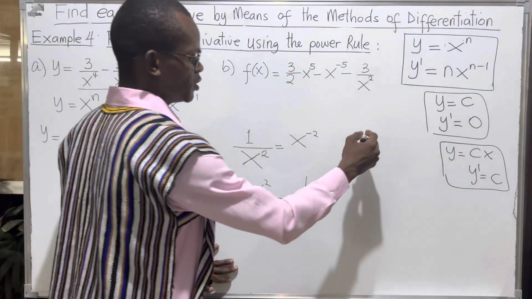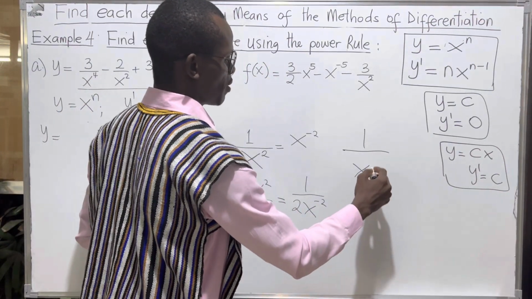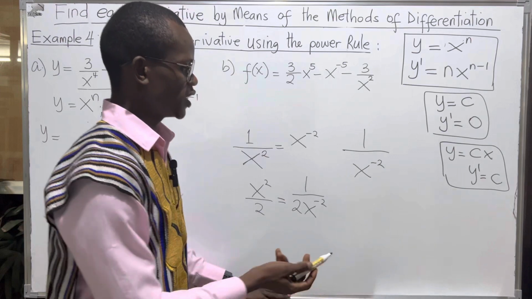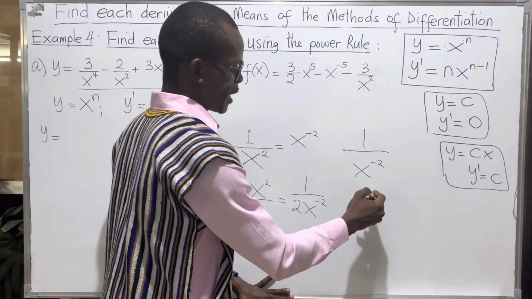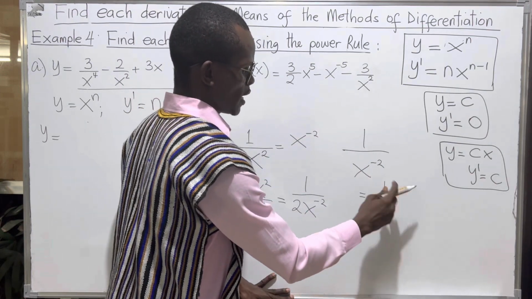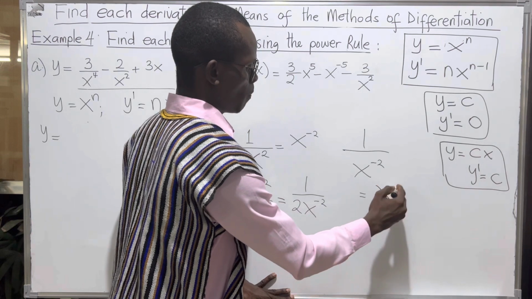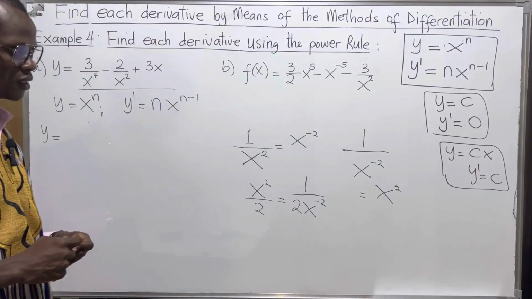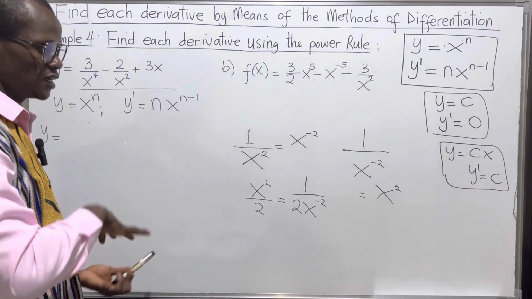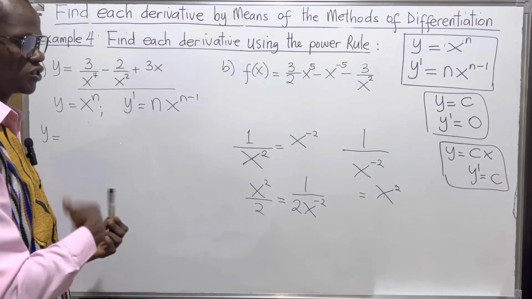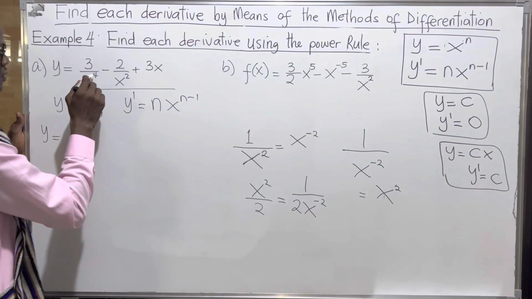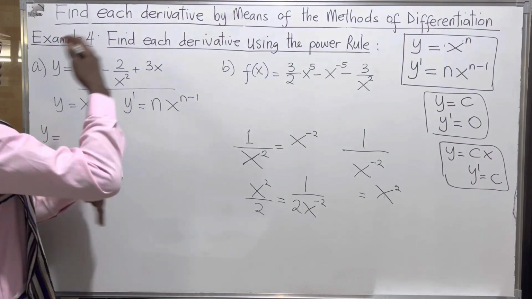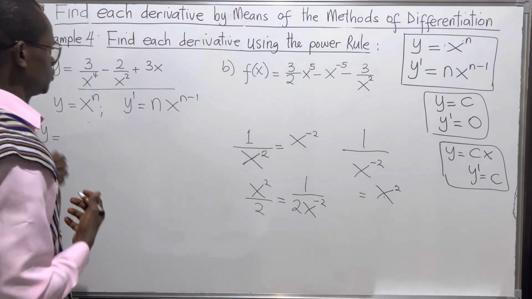If in the denominator it was x to the power minus 2, and you want to send it to the numerator, the power will change to x raised to the power positive 2. So if it was negative, it will change to positive, and if it was positive, it is going to change to negative. In this case, these are all positive, so they must be converted to negative.